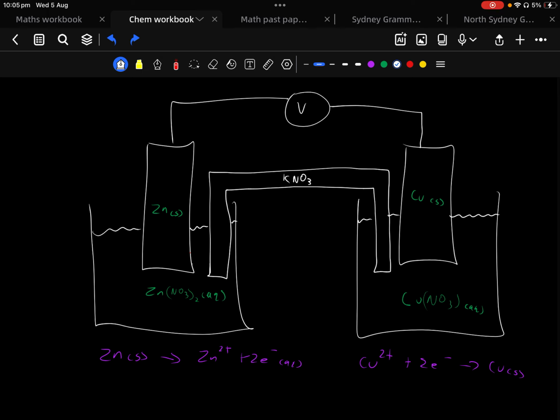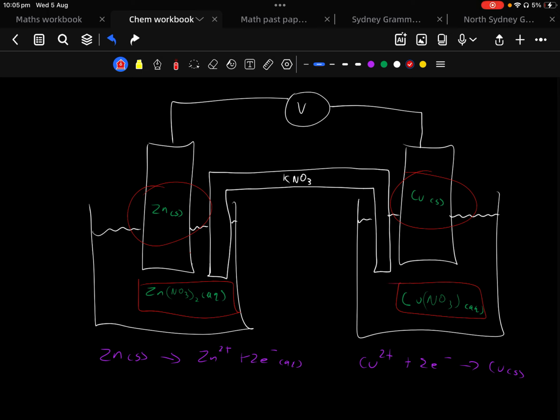The structure of a galvanic cell consists of two electrodes. In this case, it's the zinc electrode and the copper electrode. And these electrodes are blocks of metal dipped into their own metal solution, in this case zinc nitrate and copper nitrate.